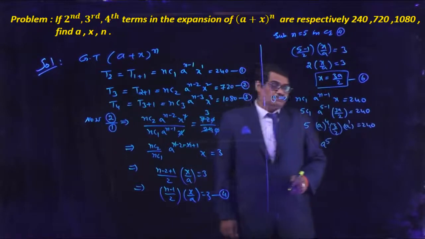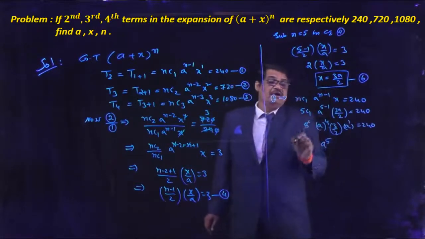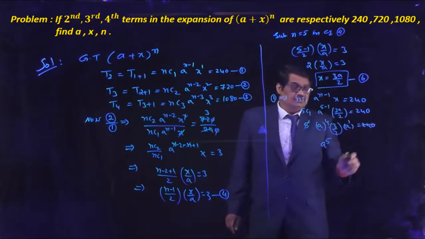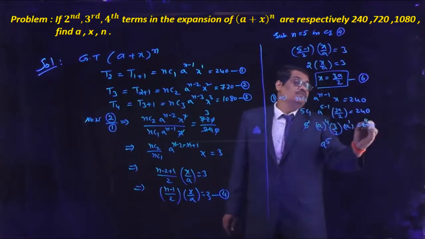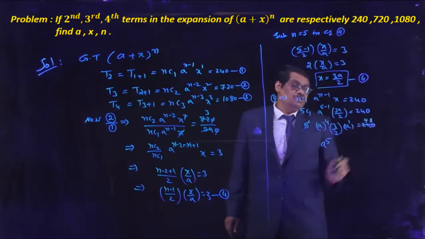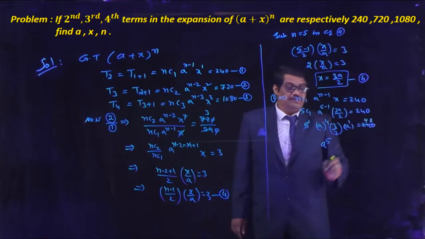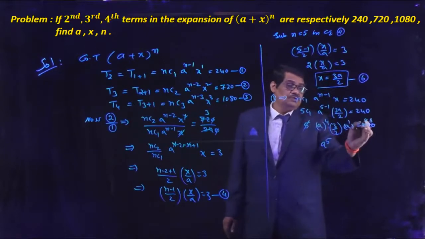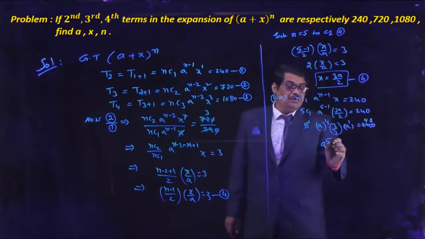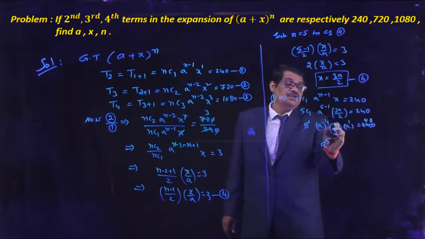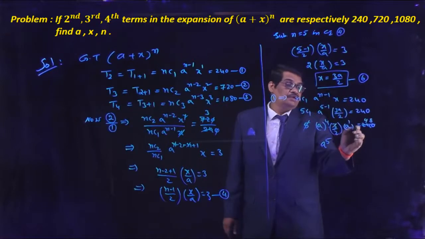Now this 5 will be cancelled. 5 eights are 40, 5 48s are 240. Now we are writing this as 3 and here 2.